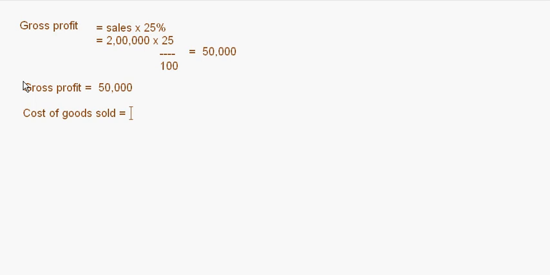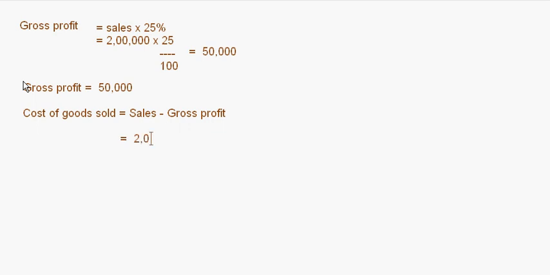Okay, now we find out the cost of goods sold. Now there are two formulas for calculating the cost of goods sold. One is where we add the opening stock plus purchases minus closing stock. The other one is sales minus gross profit. Now we know the amount of sales and we have also calculated the gross profit.